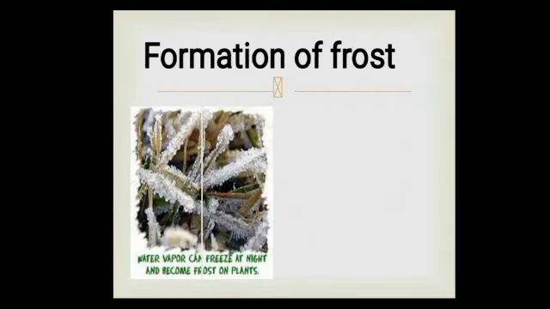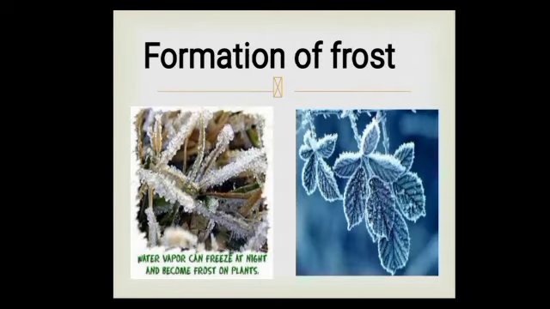Okay, yung formation of frost. Ayan. So itong frost, no, mas common ito sa mga malalamig na lugar, katulad sa Amerika, ayan, sa North Pole. Pero dito sa bansa natin, na-experience din yan sa Baguio City. So, yung hamog, no, yung fog, pagka nagkaroon siya ng contact sa mga leaves, nagiging para siyang ice crystals.